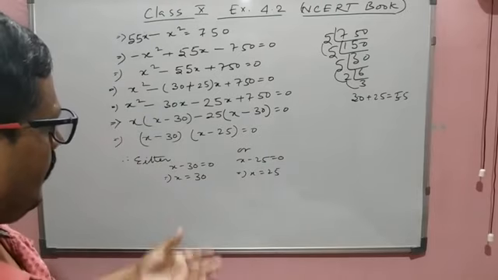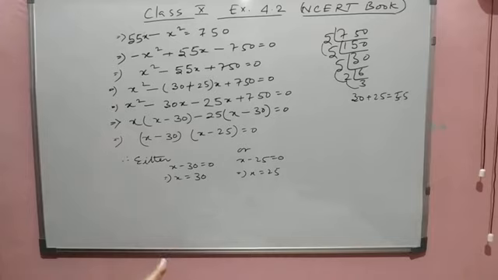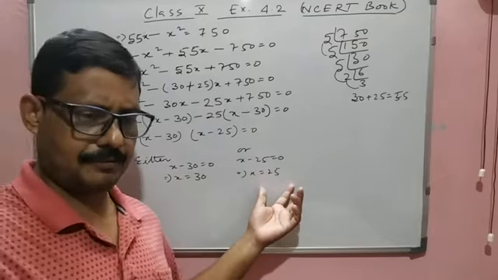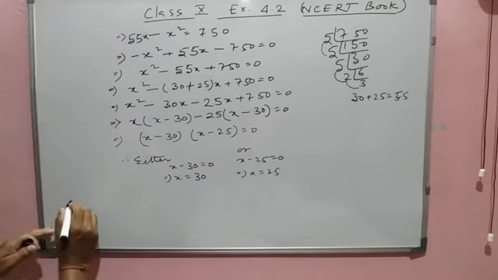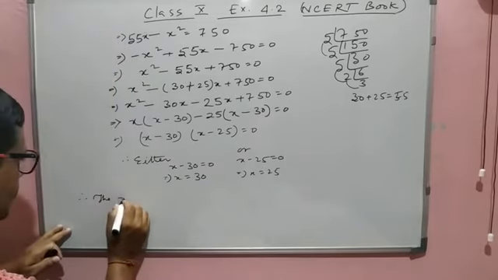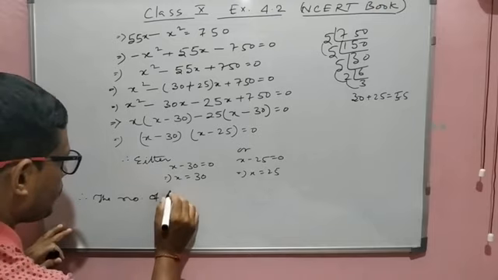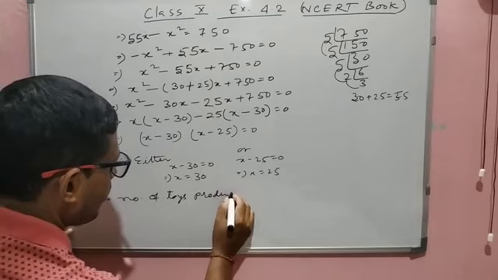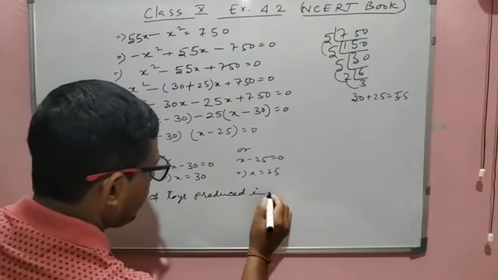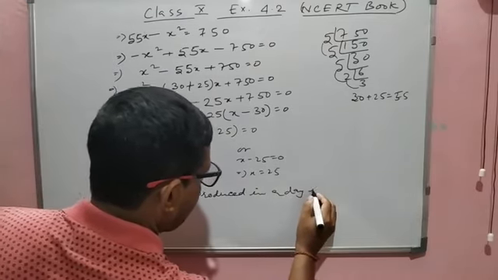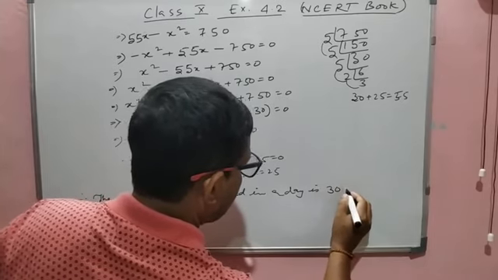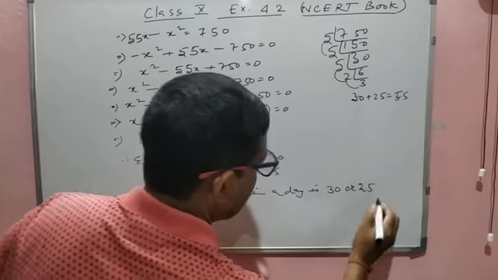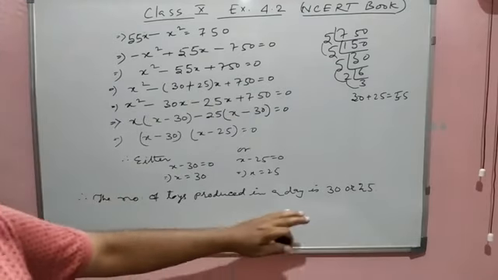So x means the number of toys produced in a day. So the number of toys produced in a day may be 30 or 25. Both are correct answers.